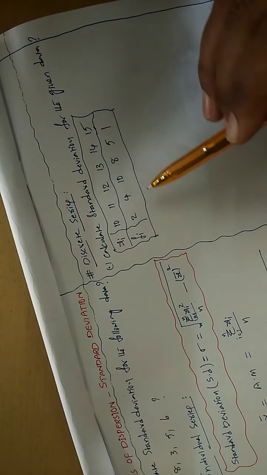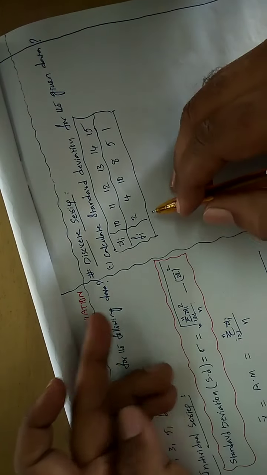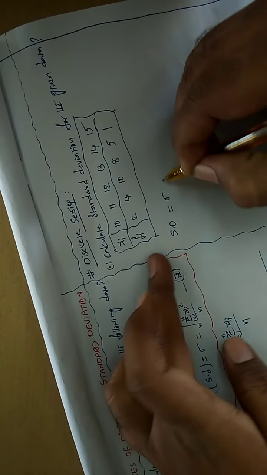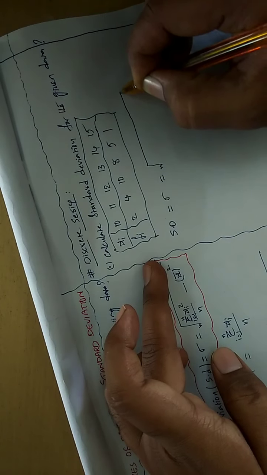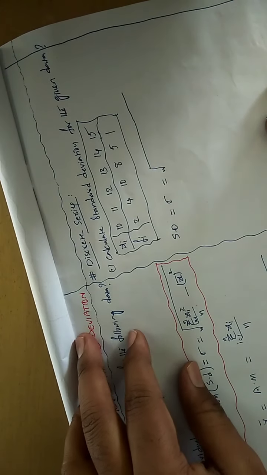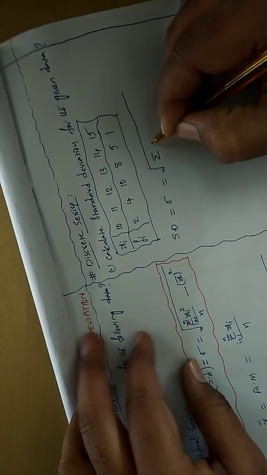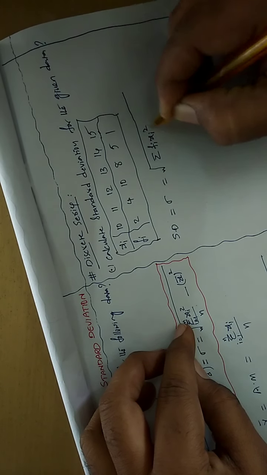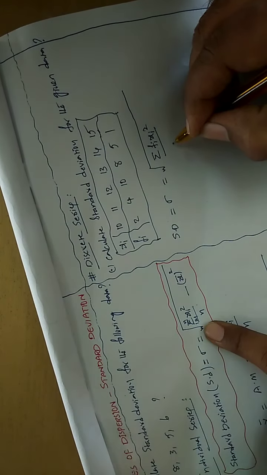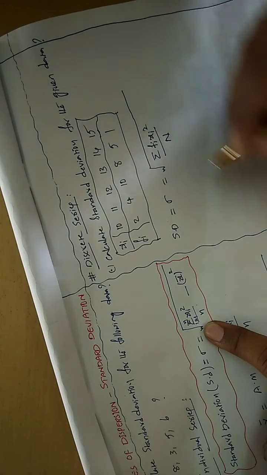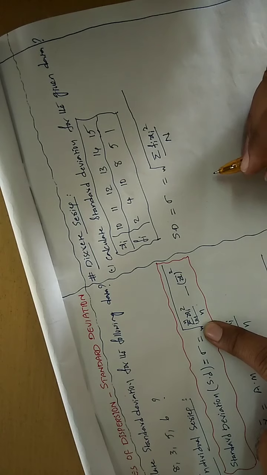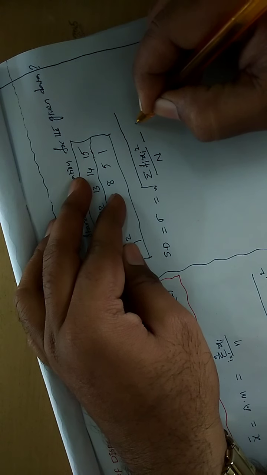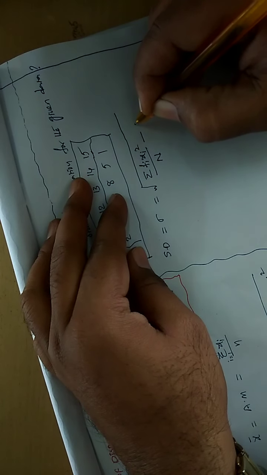Now according to this discrete data, what is the formula of standard deviation going to be? The standard deviation SD, which is nothing but sigma, is equal to the square root of sigma fi xi² by, but be careful, capital N, minus, as usual, the mean.